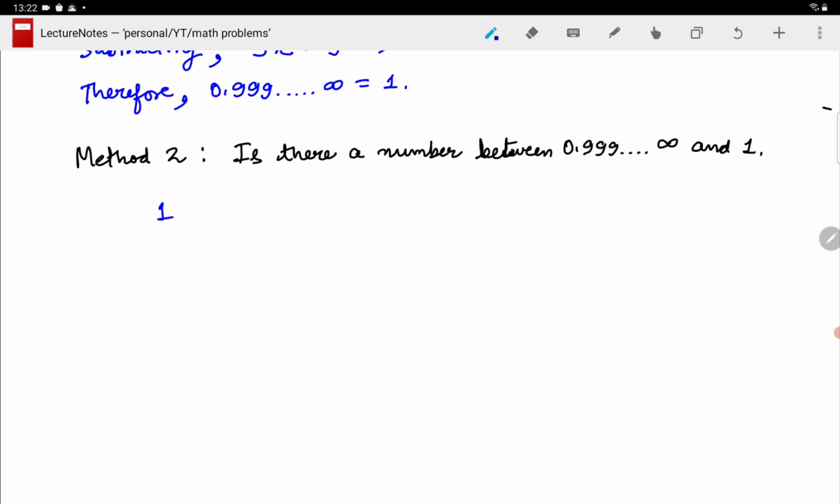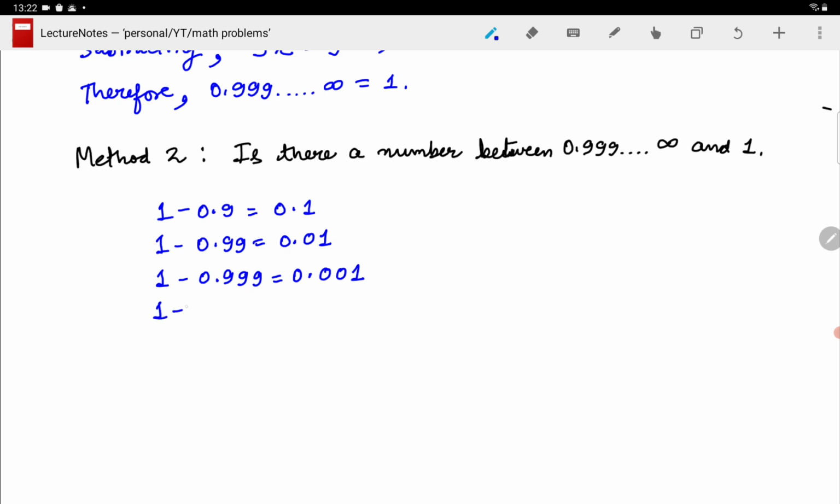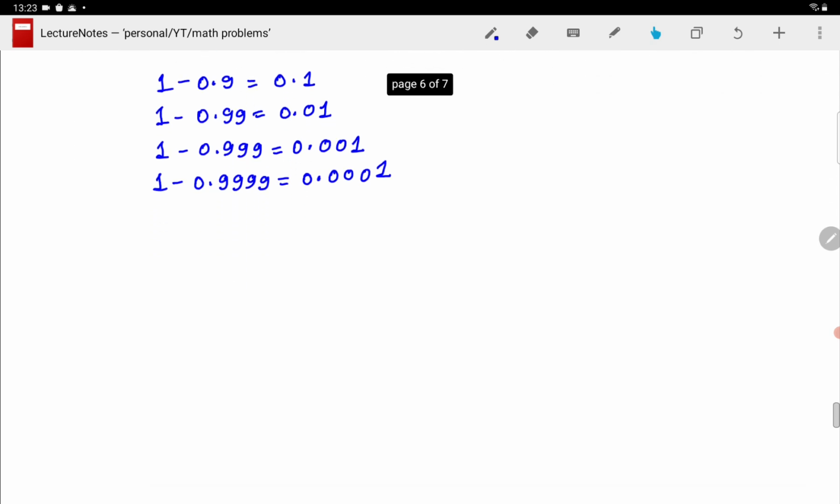We know that 1 minus 0.9 is equal to 0.1. 1 minus 0.99 equals 0.01. 1 minus 0.999 equals 0.001. 1 minus 0.9999 equals 0.0001. Every time we add another 9, the gap gets 10 times smaller.